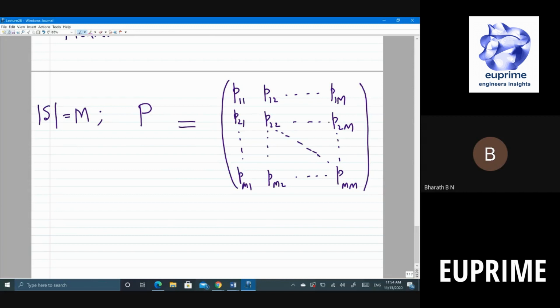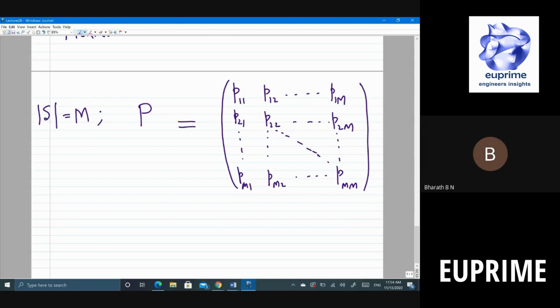Can you tell me which one is true? So what is P12? You are starting at state 2 and you are going to state 1. The probability that you start at a state, let's say i, and go to some state, it could even remain in the same state, should be 1.